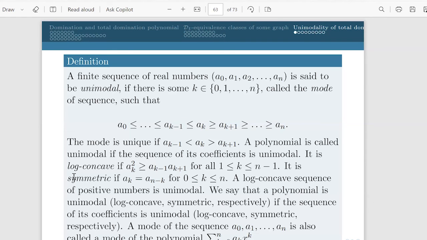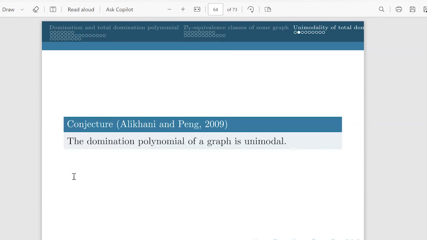And another definition that you see here: maybe you have seen this conjecture from 2009, that the domination polynomial of a graph is unimodal.